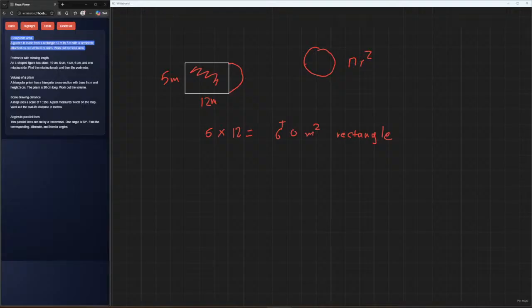And then the radius is like half of this, you know.